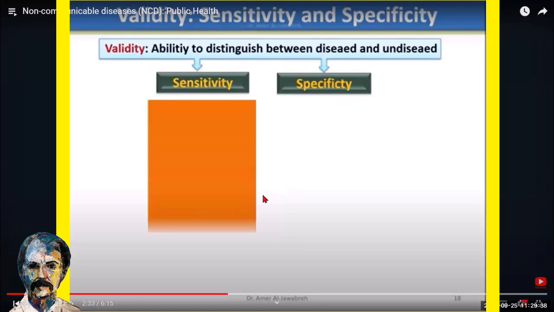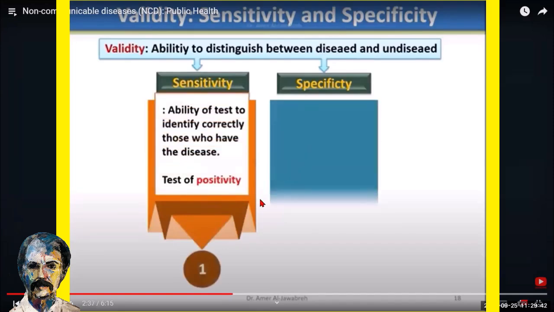In epidemiology and public health, we use this definition: sensitivity is the ability of a test to identify correctly those who have a disease. What do I mean? You make a screening test, it's positive, and the patient really has the disease.